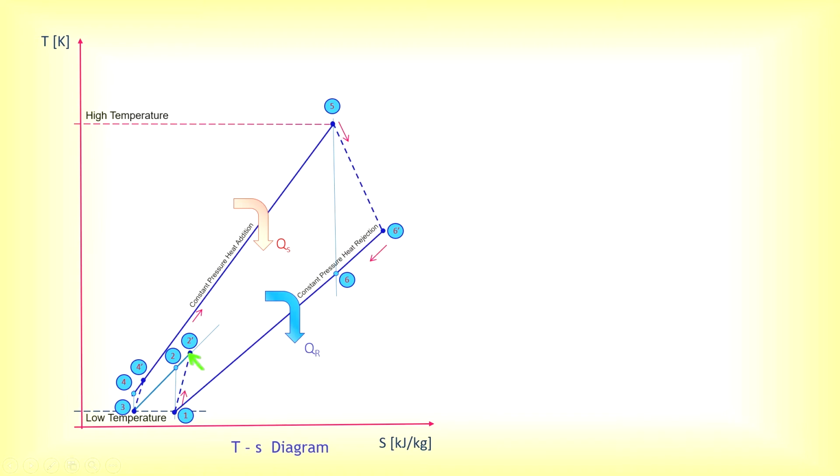You have state 2 prime. Then it will undergo constant pressure cooling in the intercooler until it reaches the initial temperature as what we have in state 1. Then it will undergo another isentropic compression up to state 4.